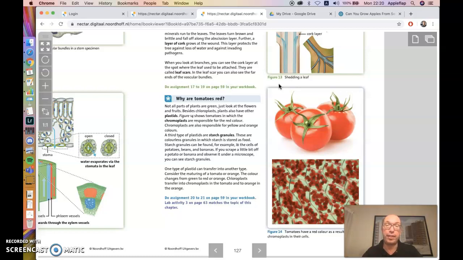And there's also a third type, which is called starch granule, or a starchplast, you could say. Starch in Dutch is zetmeel, and that stuff has a lot of energy. So, for example, potatoes are full of starch, and also pasta is full of starch, and this stuff delivers a lot of energy.